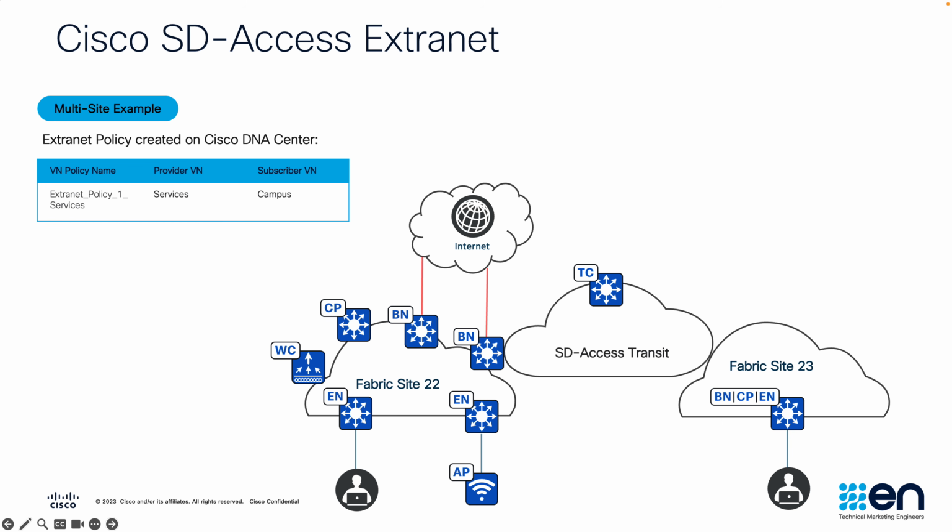And for the simulation, let's consider we are pushing the extranet policy called extranet policy 1 services, which is just the name of the policy. And this policy provides services with the provider virtual network, which is services, and the subscriber virtual network, which is named as campus, which both are our respective virtual networks.